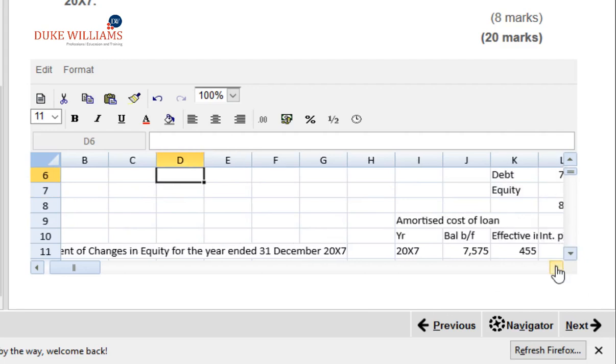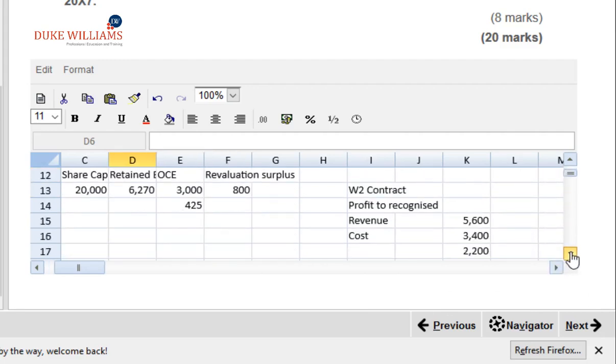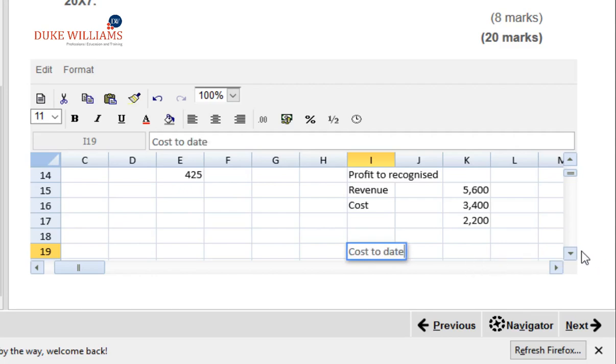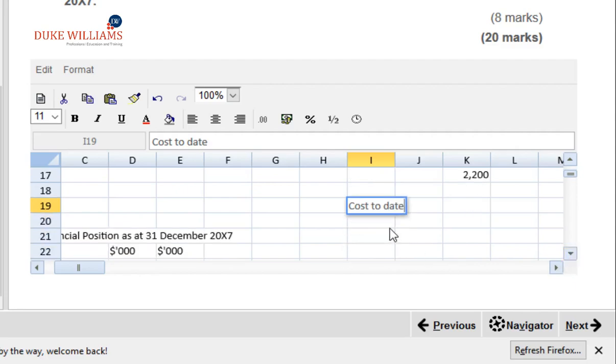So let's build on the contract, and let's see whether we'll have a contract asset or a contract liability, depending on the situation. To do that, we need our costs incurred to date. So cost to date, always keep it simple.